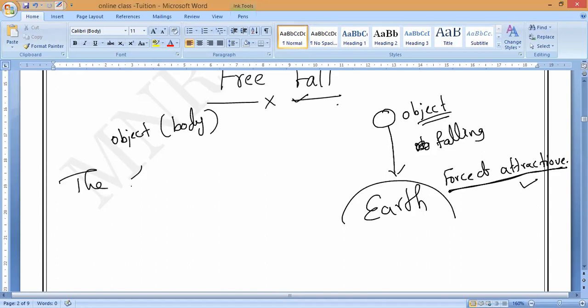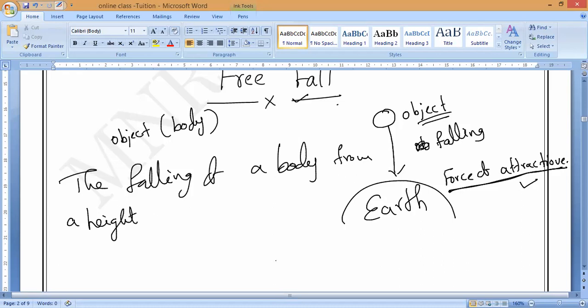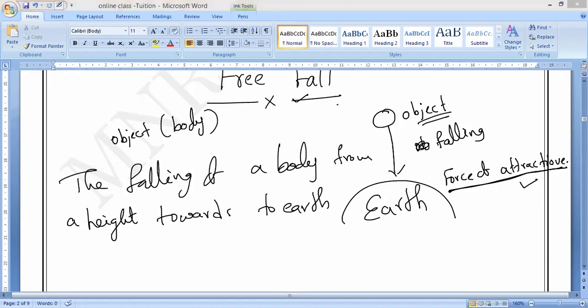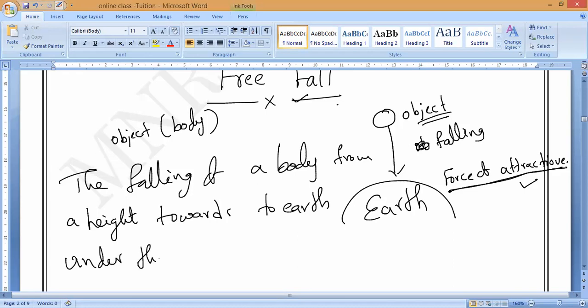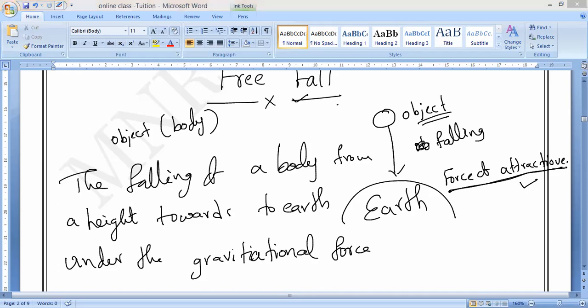The falling of a body from a height towards the earth, under which force? Under the gravitational force of earth.